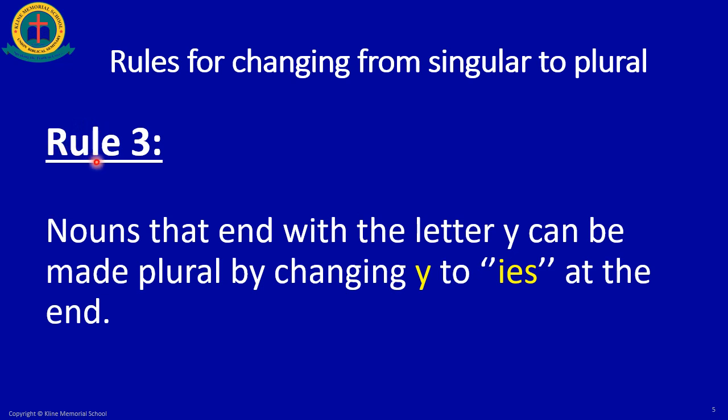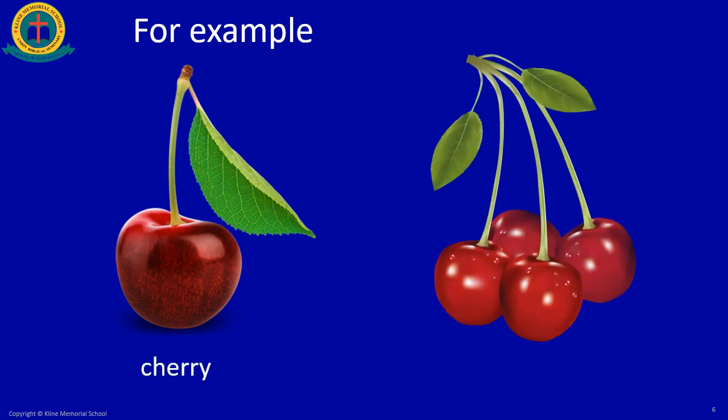Now let us see rule number 3. Nouns that end with the letter Y can be made plural by changing Y to IES at the end. For example, one cherry, many cherries.